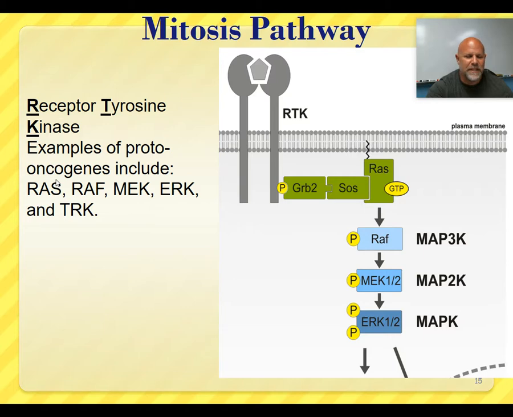When mitosis is necessary, we need these genes to be activated so that we can do cell division. When proto-oncogenes get modified, then we call them oncogenes. Okay, oncogenes are cancer causers. So if RAS gets modified so that it's turned on permanently, now it's going to get this message going constantly, and we're going to have out of control cell division.